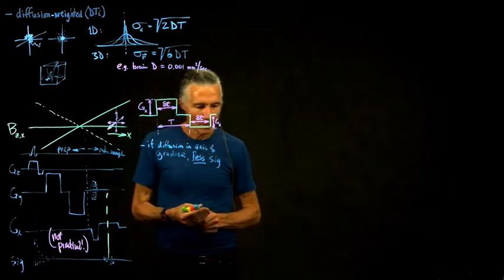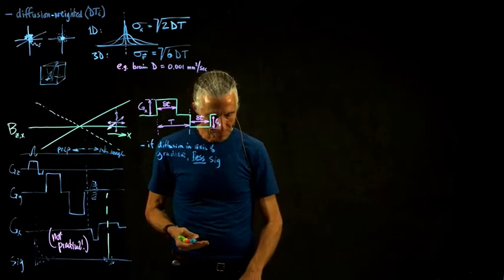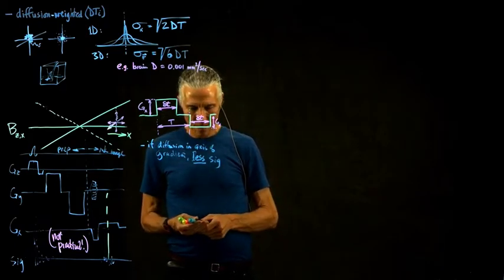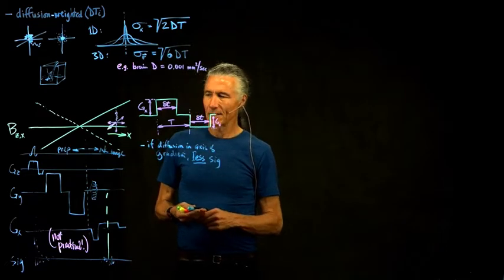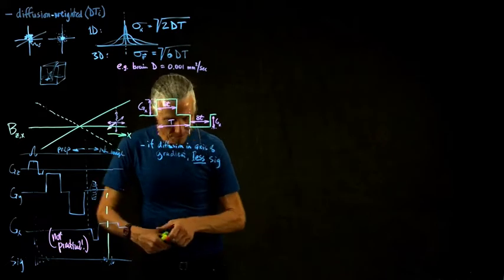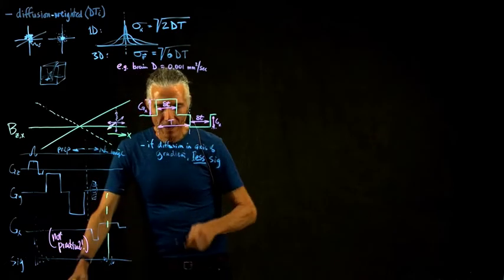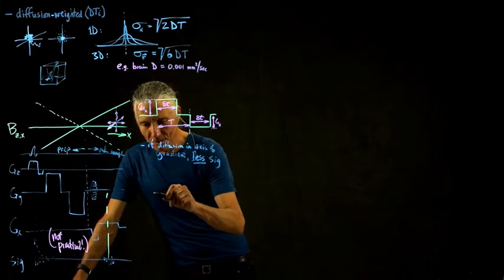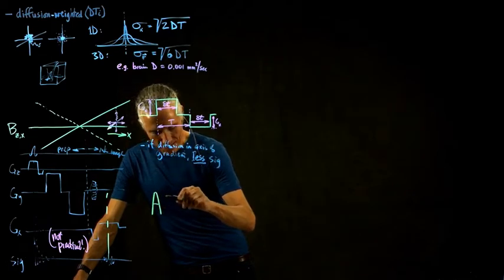So what is the way that we actually measure it in practice? The way we measure it in practice is, for a particular diffusion constant, the amount of attenuation we get.